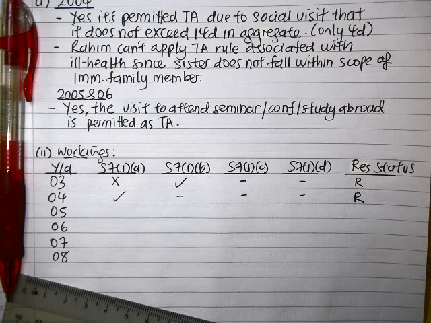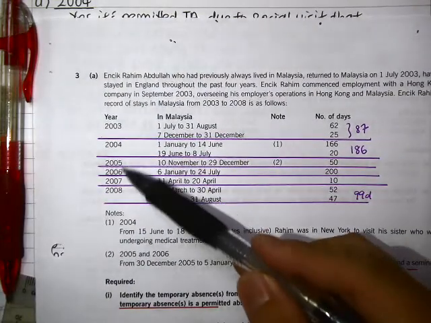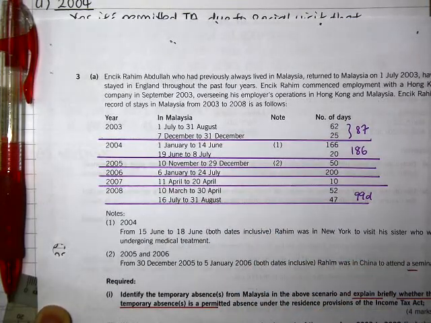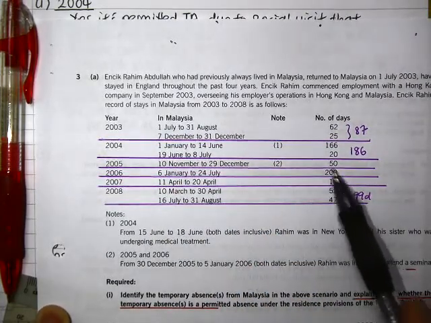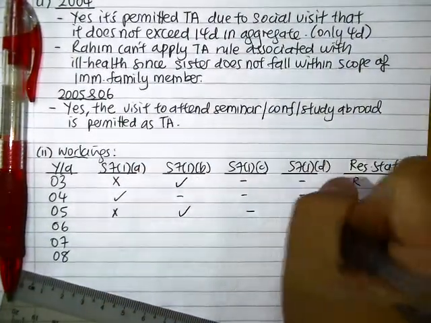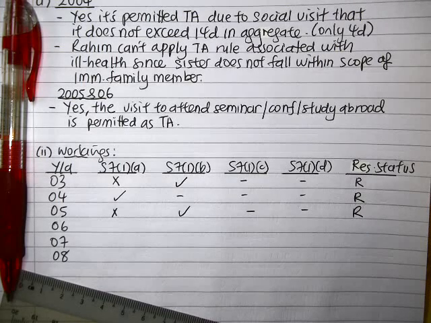And then we say that attending a seminar is a temporary absence. So in that case, 5 is connected to 2006, right? Do they have 182 consecutive days? It's very obvious that it's 200 days here, right? So in that case, 2005, you're resident by virtue of 1B.